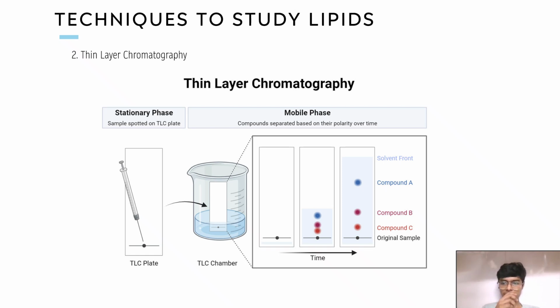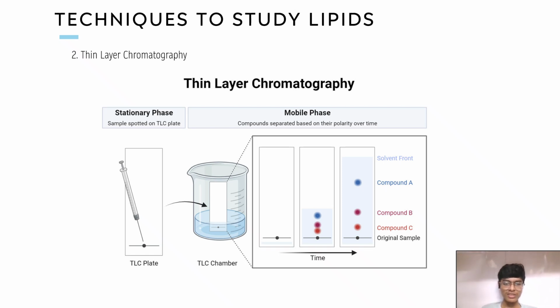As the solvent rises by capillary action throughout the TLC plate, the non-polar lipids run with the mobile phase and move farthest, and the polar lipids stay at the bottom.